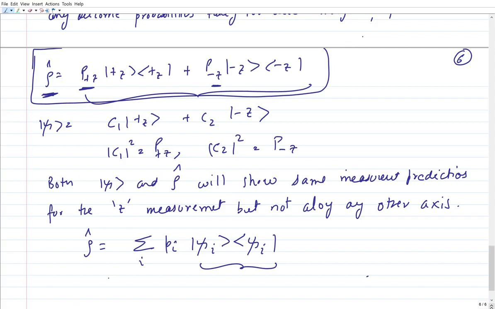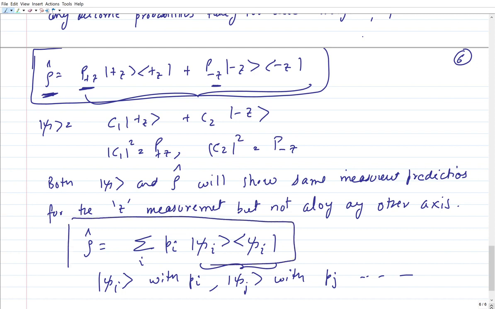So physically this means prepare psi i with the probability pi, psi j with the probability pj, so on and so forth. This is the density operator, or generalizing our notion of a pure state or a state of maximal knowledge of the system.